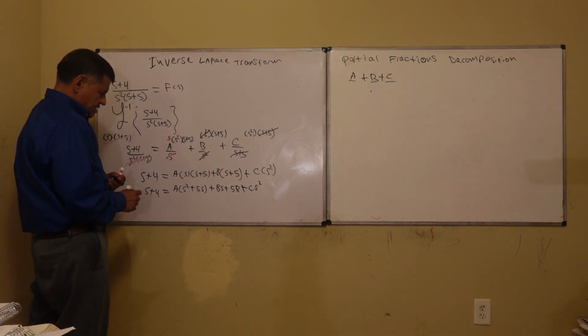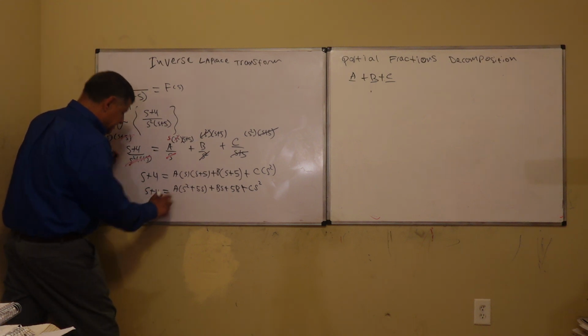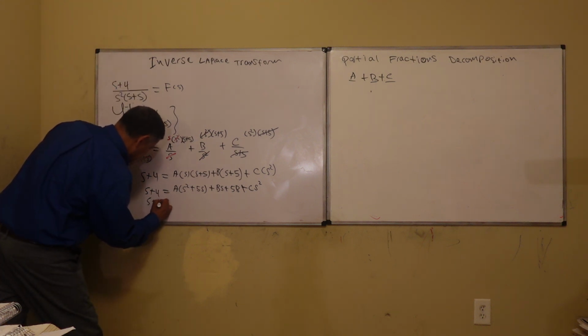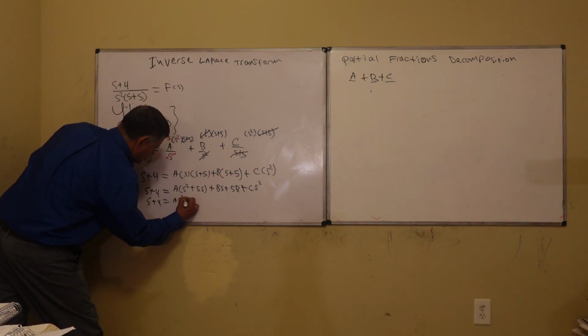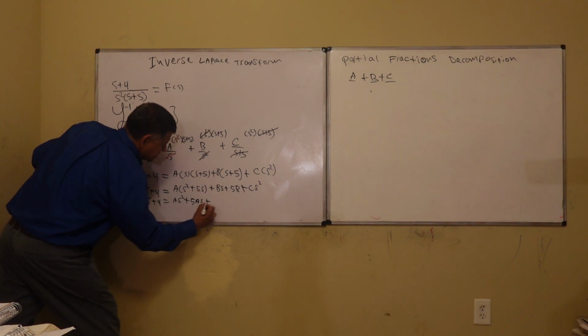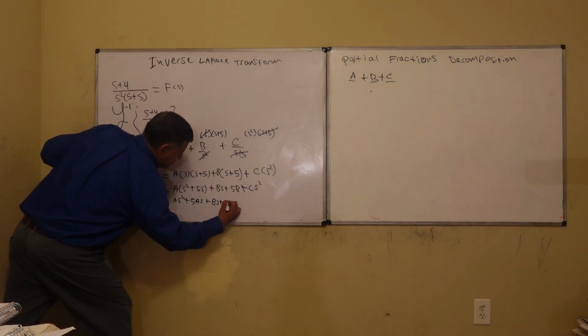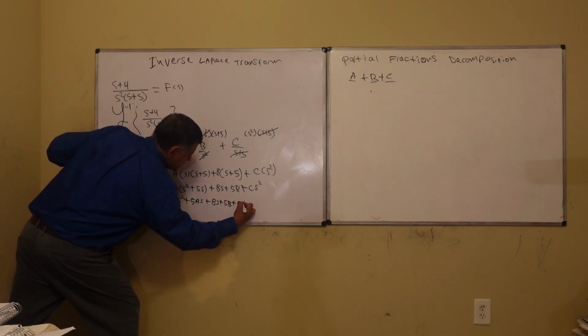Okay. Now I have to distribute that a inside, so s plus 4 equals a s squared plus 5as plus bs plus 5b plus cs squared.